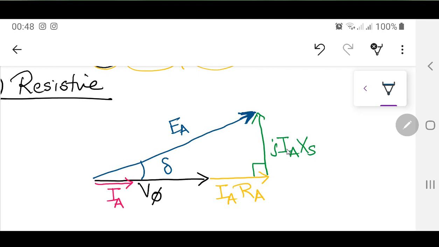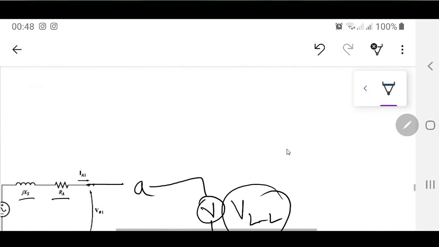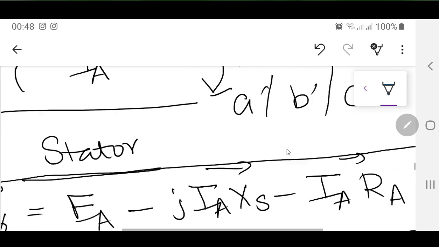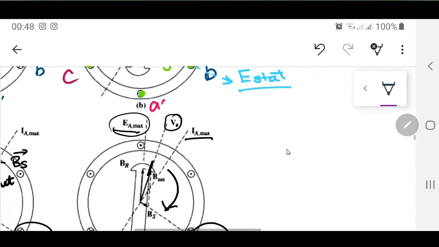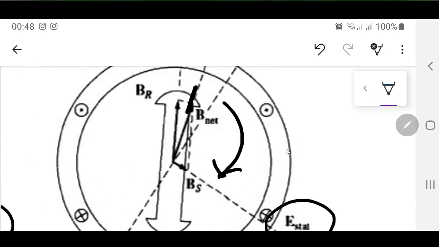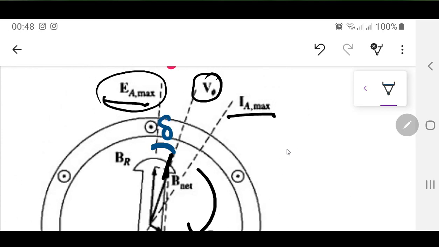If I go back a little on the diagram we have done just before, the angle between EA and V phase is the same delta. This EA max and V phase have the same delta angle. So you can see EA is leading V phase.